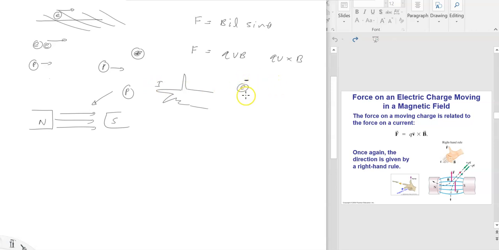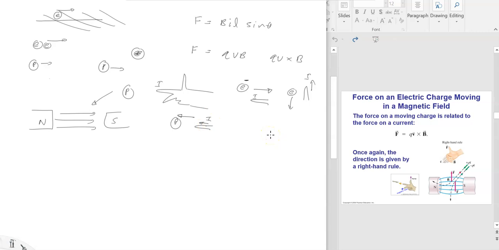That means if the electron is moving to the right, the finger should be pointing to the left. If the electron is moving down, index finger should be pointing upwards. Right? So the current is considered opposite of the direction of the electron. But for a proton, or the positive charge going this way, index finger also points the same direction.